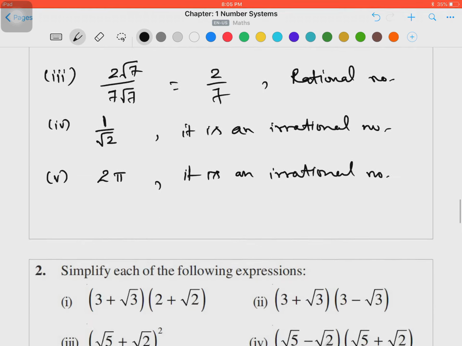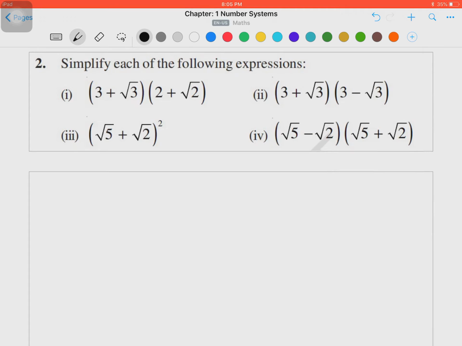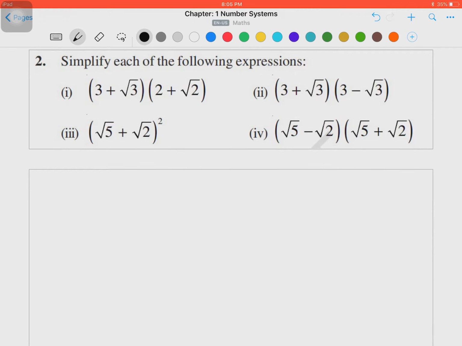Moving ahead, we have question number 2. It says simplify each of the following expressions. We have to simplify these using the identities we discussed in the beginning. The first one is 3 plus root 3 multiplied by 2 plus root 2. First we multiply the first term from the first bracket with the first term in the second bracket.